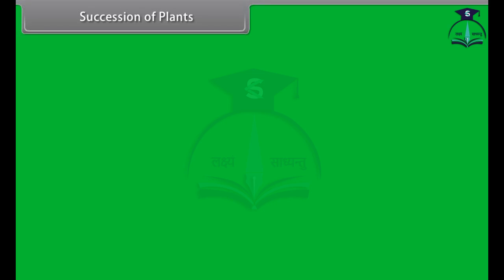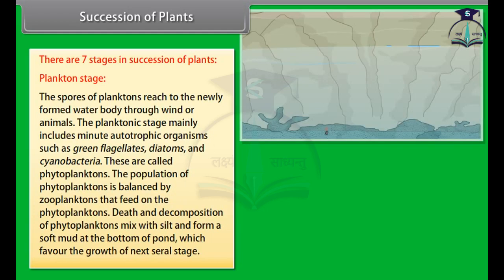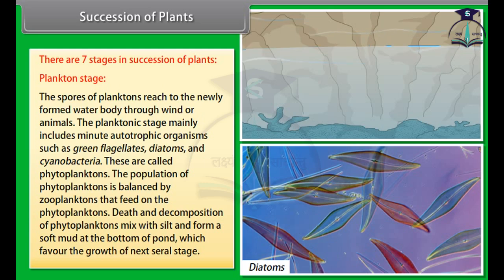Succession of plants. There are 7 stages in the succession of plants. Plankton stage. The spores of planktons reach a newly formed water body through wind or animals. The planktonic stage mainly includes minute autotrophic organisms such as green flagellates, diatoms, and cyanobacteria.